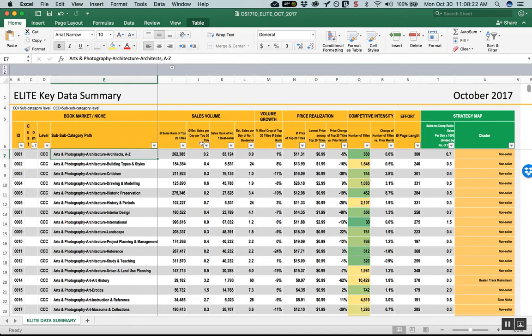For the next column, you get an estimated sales per day for those top 20 titles. Then the second part of this section deals with the rankings for the number one bestseller. So the first two are about the top 20, and the next two are about the bestseller.